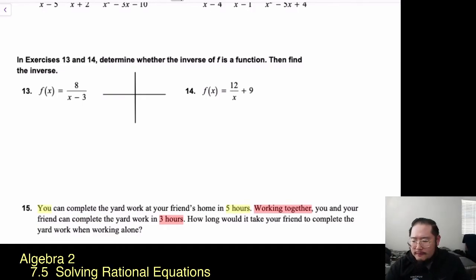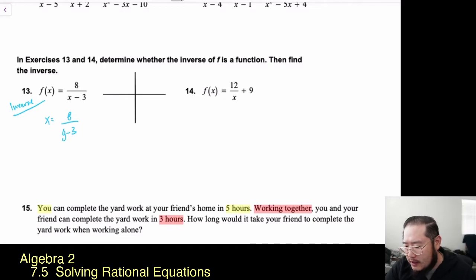So right here, in the very beginning, that y, or f of x, should turn into x, and then we have ourselves y minus 3. Okay, remember, we are trying to find the inverse. That's what we're doing first. So we have our function. We're going to try to get y by itself again, or solve the equation for y.